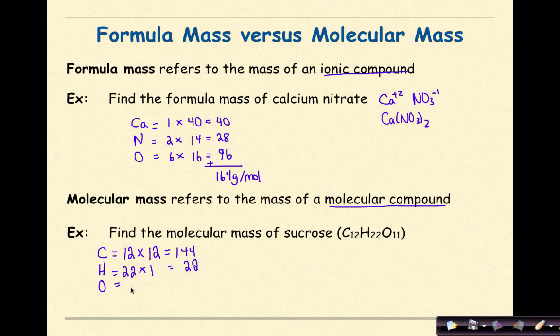And finally, for oxygen, I have 11 oxygens in this formula. Atomic mass is 16, and that is going to equal 176. So when I add these three numbers together, I get a grand total of 342. So that is 342 grams per 1 mole for the molecular mass.